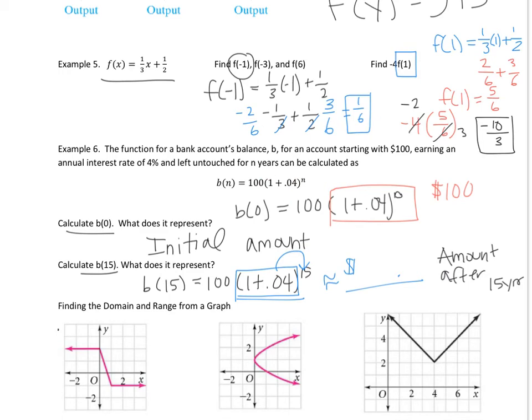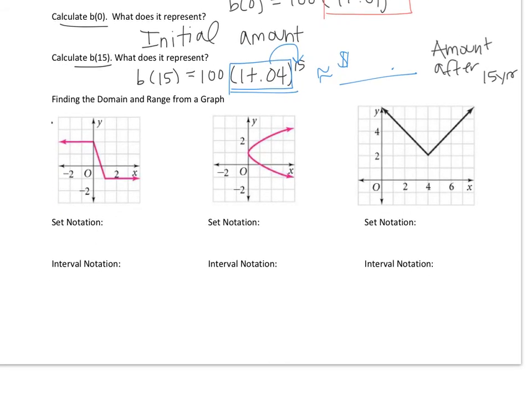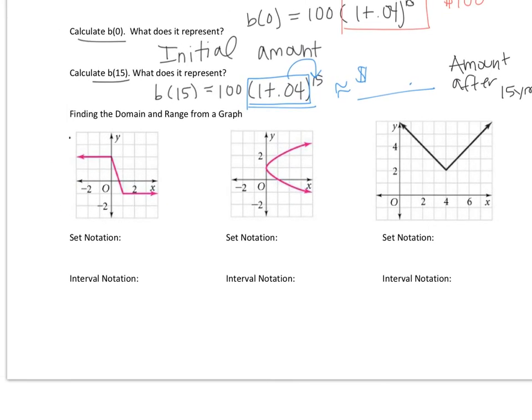You can find the domain and range by a list of ordered pairs, but the more difficult part is from a graph. So if you have a graph that's not just a bunch of ordered pairs, you actually have to think about all the possible x's and y's that you could possibly have. So for the domain, what I do is domain is the x.